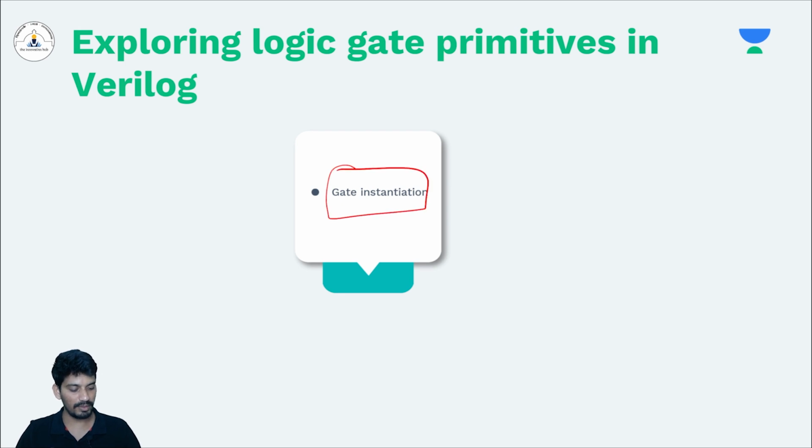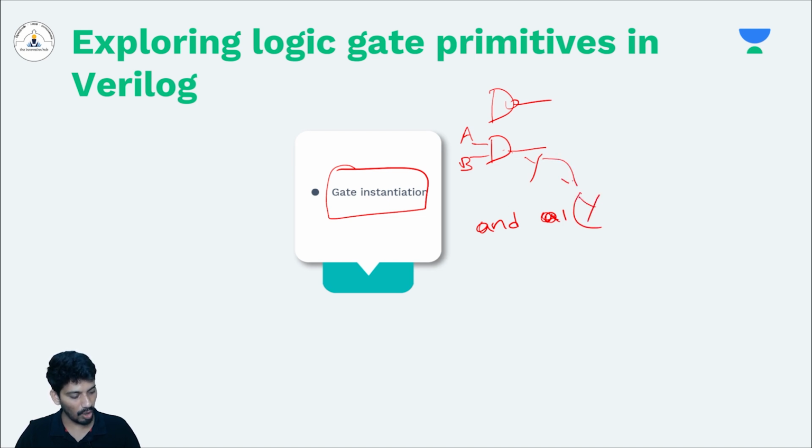So what does this mean? As I already explained, there are different kinds of logic gates available in Verilog. So how to instantiate them? The syntax is like this. If you want to instantiate an AND gate with output Y and inputs A and B, how to do that? You just need to write and, then A1, the name of the instance, and then the output.